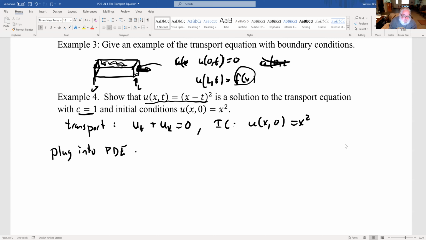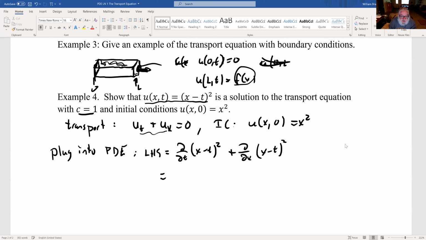Well, left-hand side equals partial derivative of x minus t quantity squared with respect to t, plus the partial derivative of x minus t squared with respect to x. What's that equal to, right? That's left-hand side. Partial derivative. So if we're taking partial derivative with respect to t, we're thinking of x as a constant. So this is just the chain rule, 2 times x minus t, and then differentiate the thing inside with respect to t.